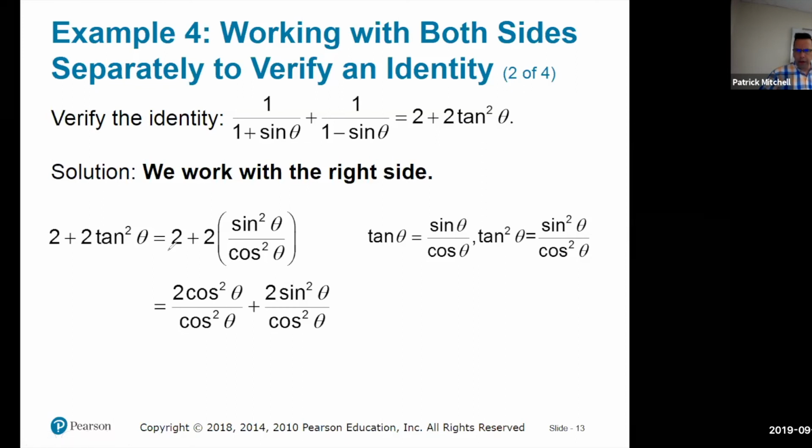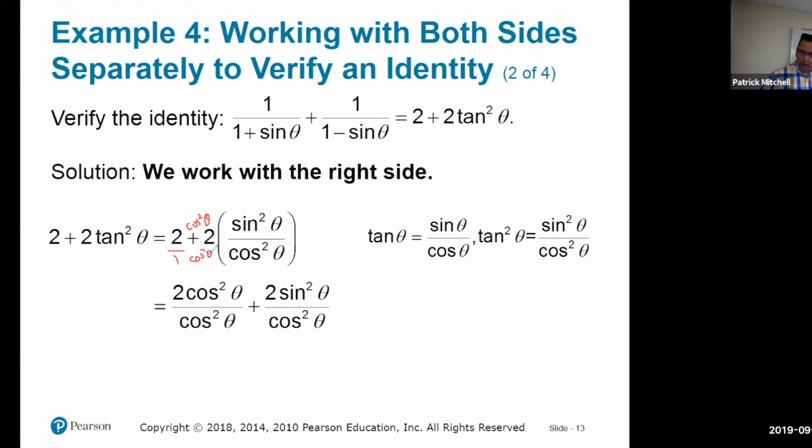If you think of this as 2 over 1, and you think of that as 2 sine squared theta over cosine squared theta, they're trying to get everybody to have the same denominator. So they multiplied the top and the bottom of this 2 over 1 by cosine squared theta. And that's how they got 2 cosine squared theta over cosine squared theta.